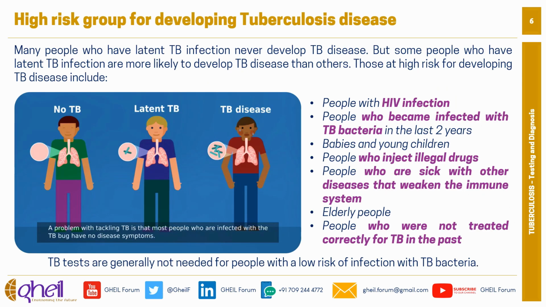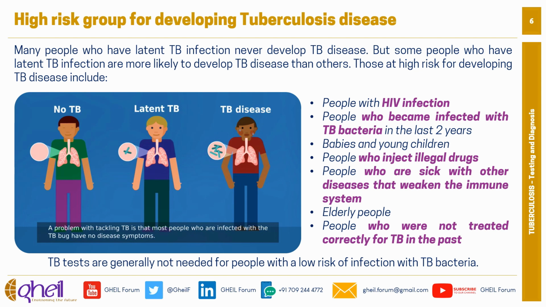High-risk group for developing tuberculosis disease. Many people who have latent TB infection never develop TB disease. But some people who have latent TB infection are more likely to develop TB disease than others.